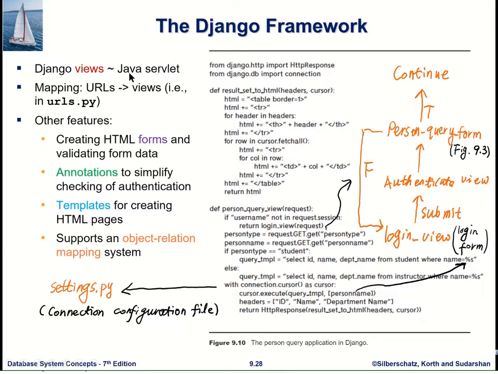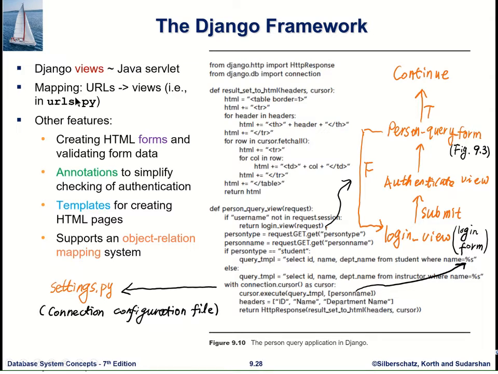In the previous example we said it's a Java servlet, but here we define this thing as views. In fact, it's still like a short program corresponding to some functionality, like an event. Then how can we establish the relationships between the events and the event handling functions?